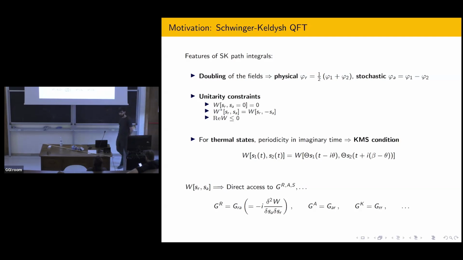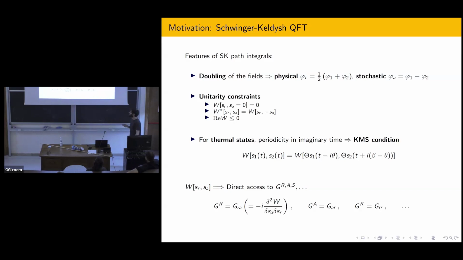Now, in the special case of thermal states, we also have an extra condition, which comes from periodicity in imaginary time. This is called the KMS condition, which basically says that we can translate the sources in imaginary time. Here theta is a parameter between 0 and beta, where beta is the inverse temperature, and then the generating functional stays the same.